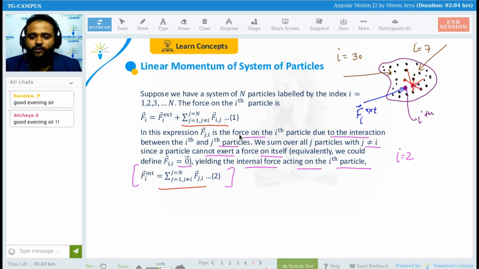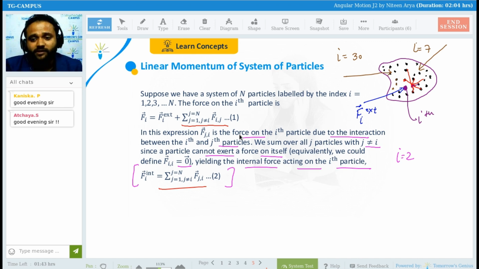Got it? Because it is not fixed that I can choose i equals to only 2 or only 3. I need to find the net force. And how can I find the net force? Whenever I pick i from 1 to n and then do the summation. And when I'm doing this summation from 1 to n, there is an interaction also. Got it?